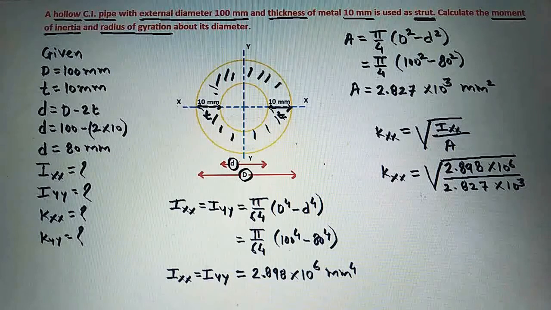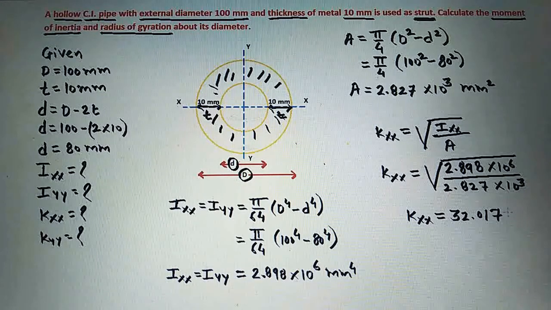And if we calculate this square root, then we will get the answer for radius of gyration kxx, that is equal to 32.017, and the unit for this radius of gyration is mm here.